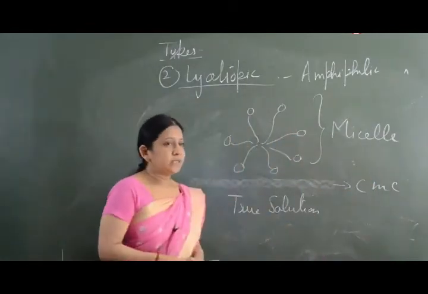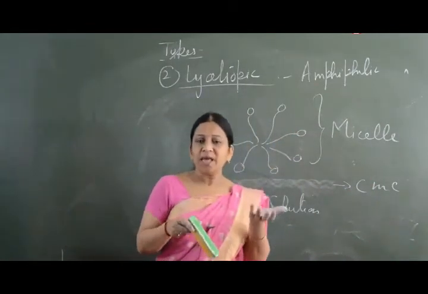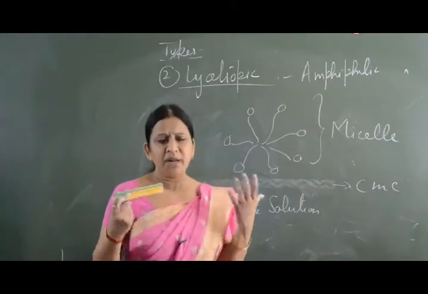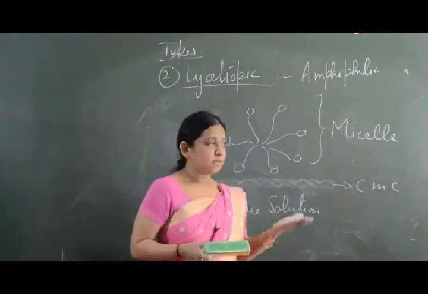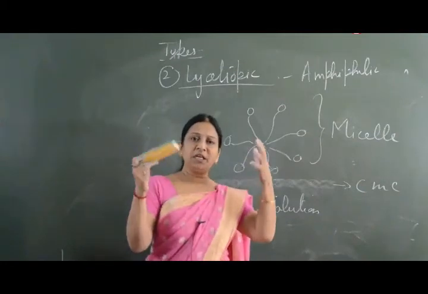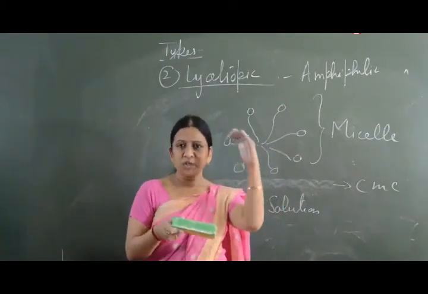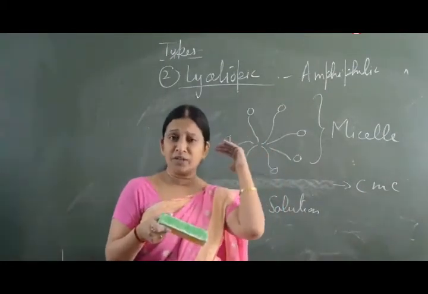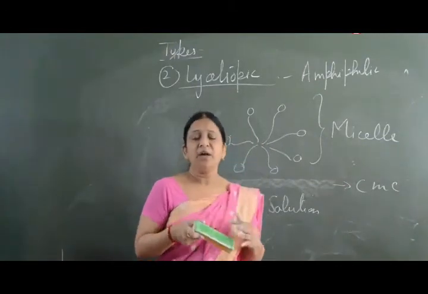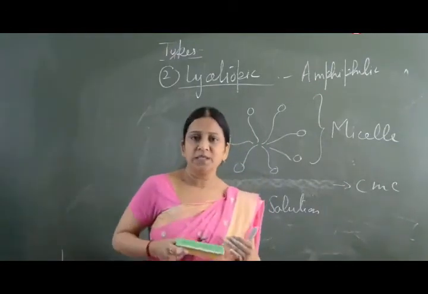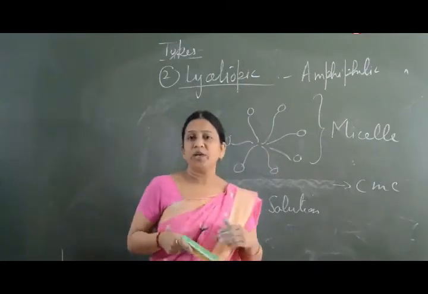Now what happens is, as we increase or decrease the temperature, depending upon the nature of the substance, the size of the micelle keeps on increasing. It reaches a saturation point, and after reaching the saturation point, if we increase or decrease the temperature further, the micelle is going to burst.